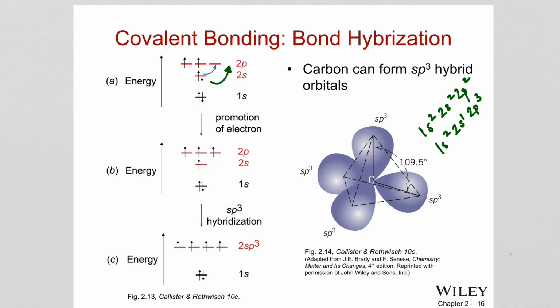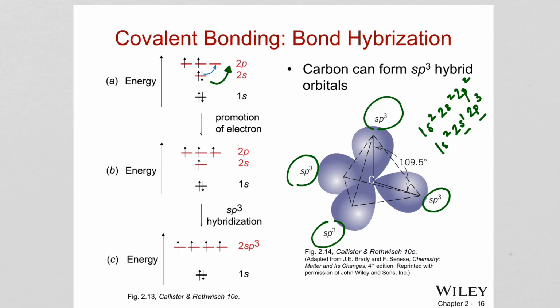And of course this will result in the outermost orbital producing actually 4 sp3 orbitals. So sp3 orbitals, 4 sp3 orbitals. And each of these has one electron in it.